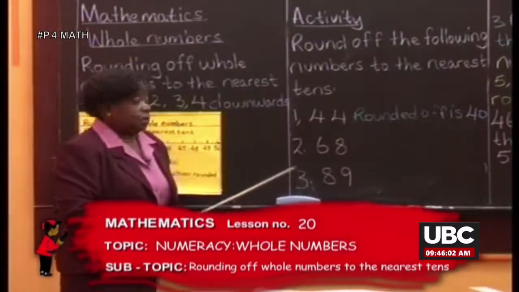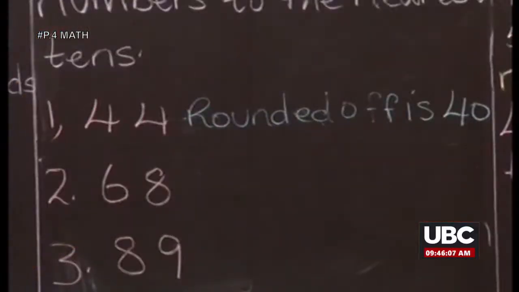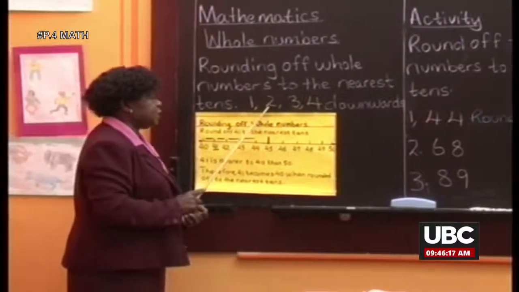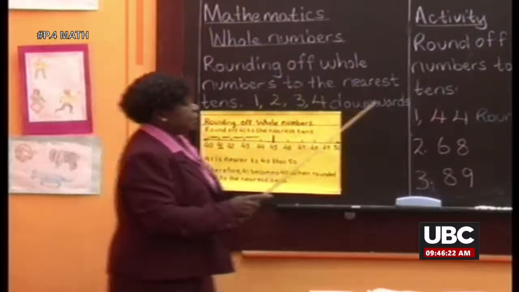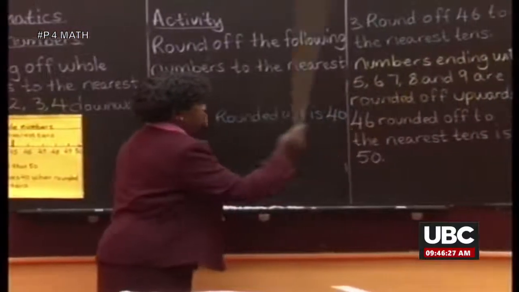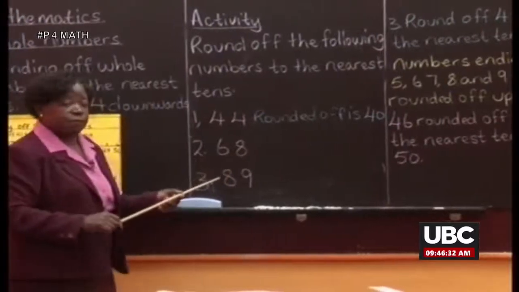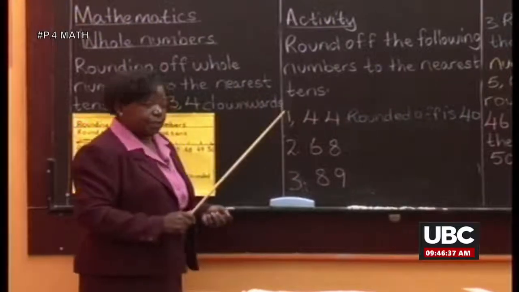44 rounded off is 40. Number 2 says, round off 68 to the nearest tens. Remember we said, numbers ending with any of these digits, you round off downwards. And numbers ending with any of these digits, you round off upwards. If you look at 68, we are going to ask ourselves, is 68 nearer to 60 or 70?